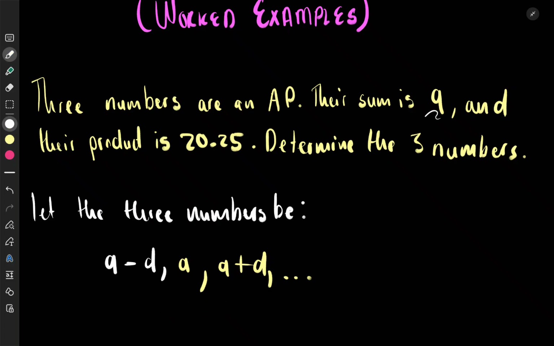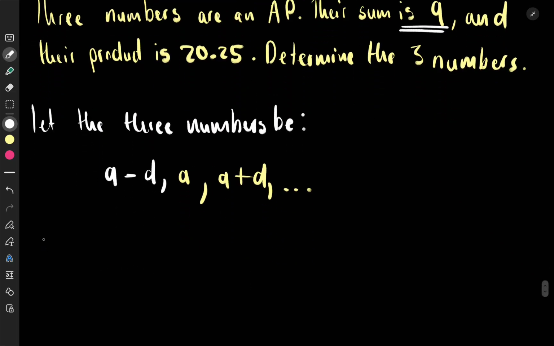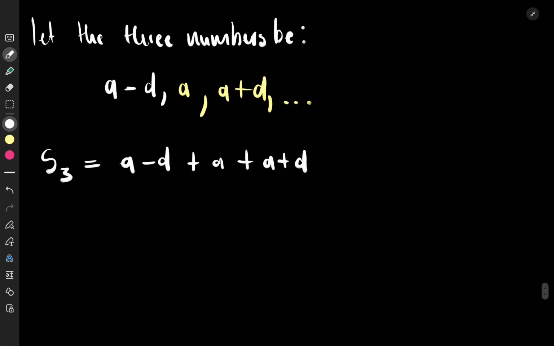Here they're saying their sum is 9. The reason we did this is so that it becomes so easy. The sum of the 3 numbers is equal to A minus D plus A plus A plus D. Since there are no times signs here, we don't need brackets.